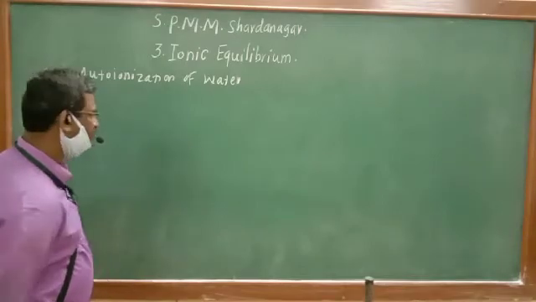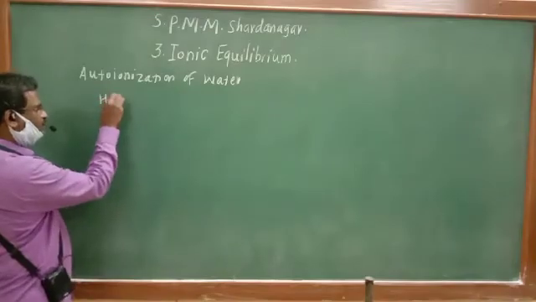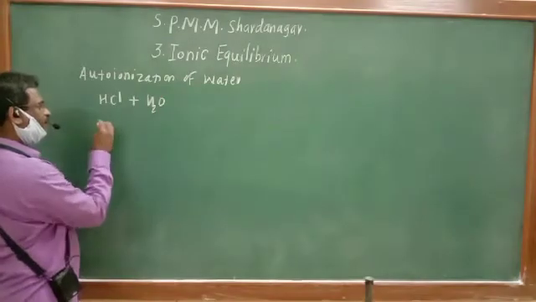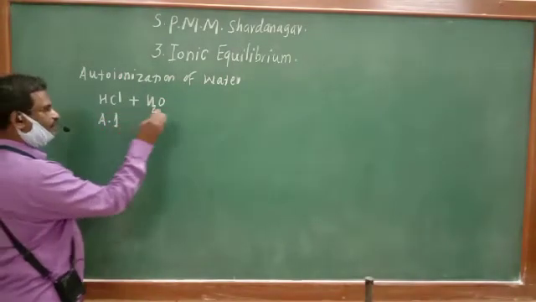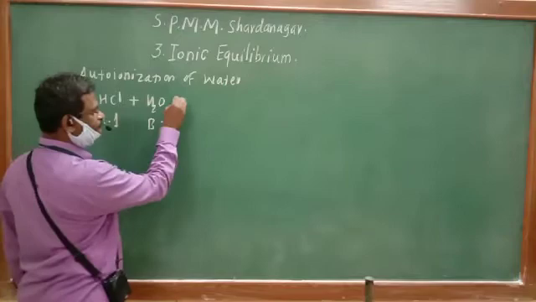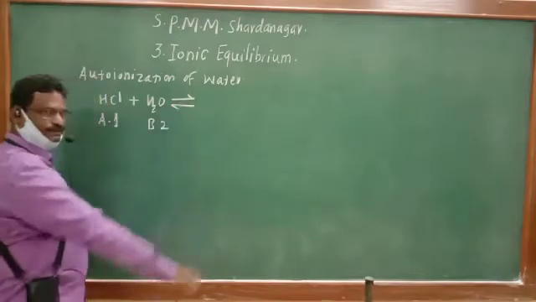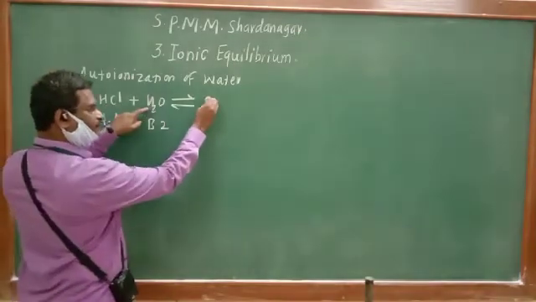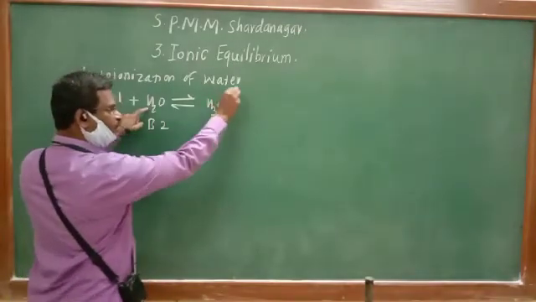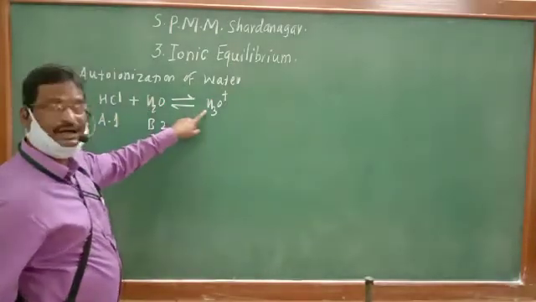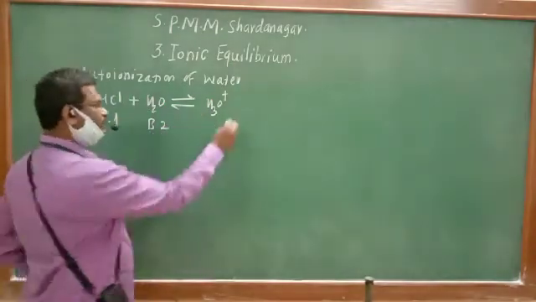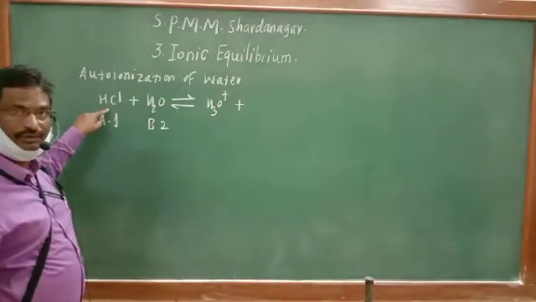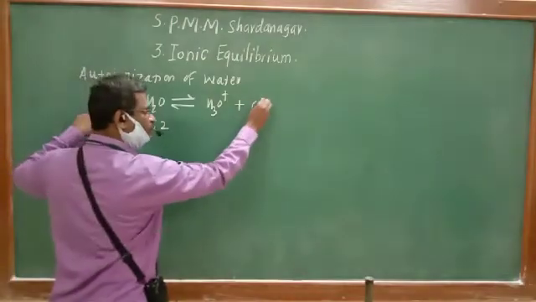So let us see it once again. If we consider the reaction of HCl with water, HCl acts as acid, water acts as base. There is a transfer of proton from acid to base. So this base accepts the proton and is converted to H3O+, which is known as hydronium ion. And by donation of proton, HCl is converted to Cl-.